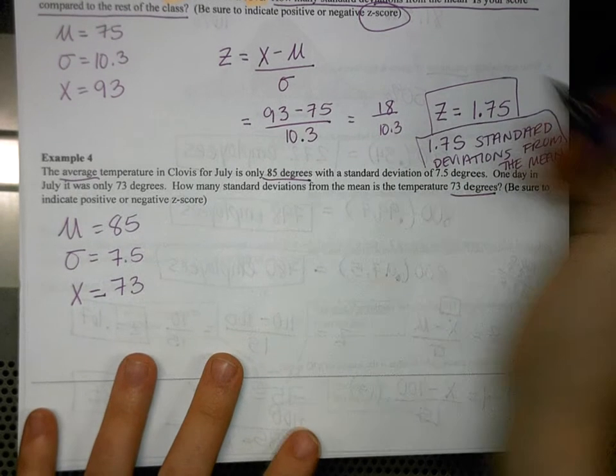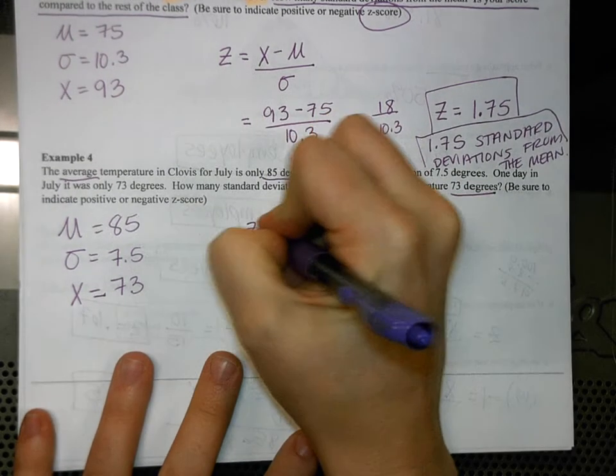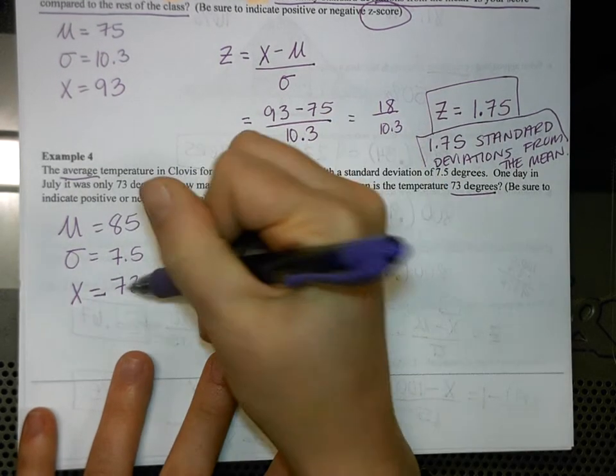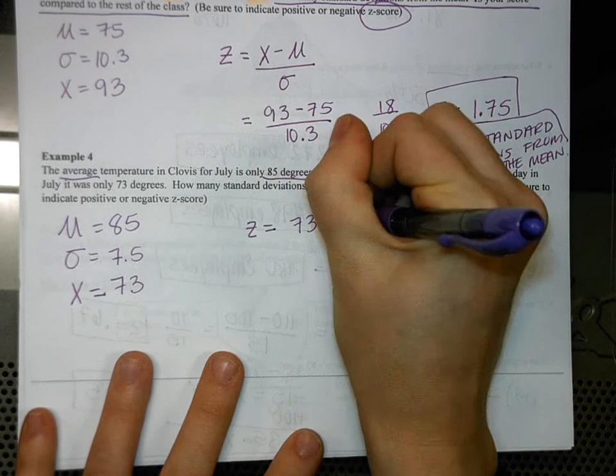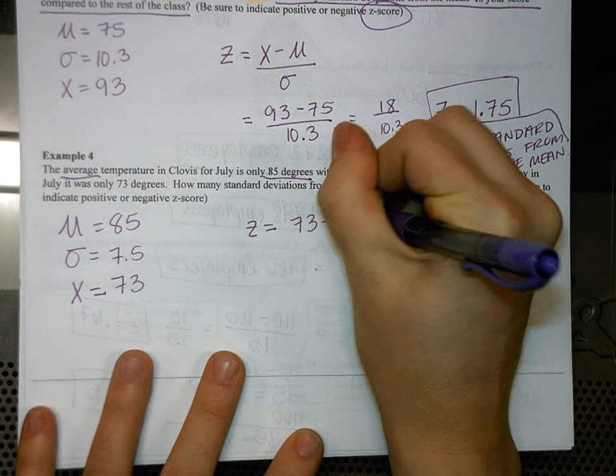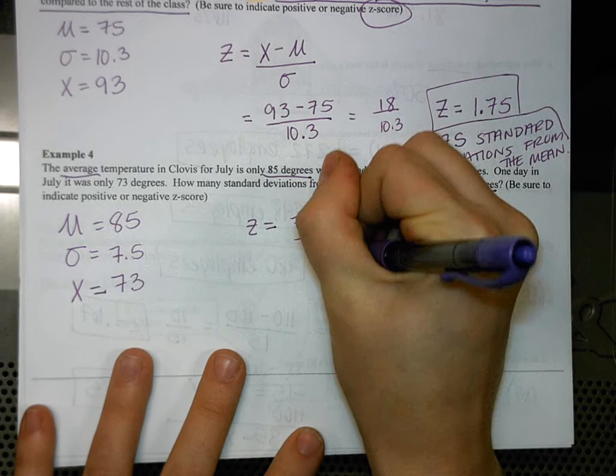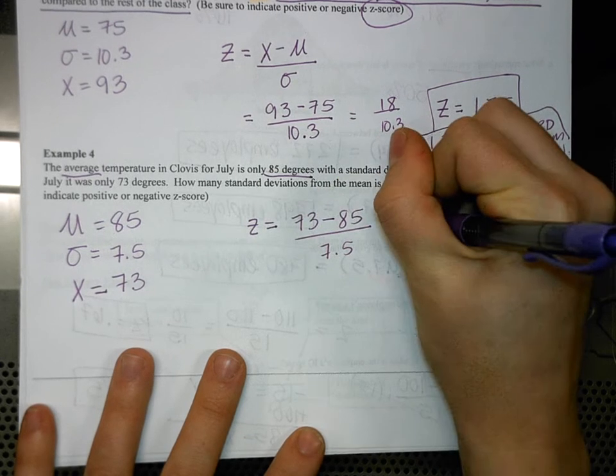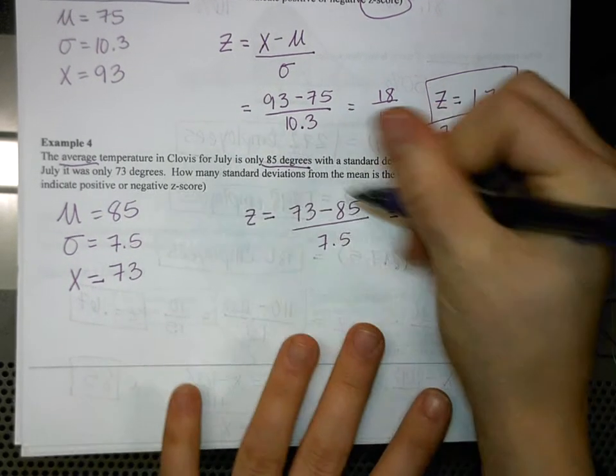So my z-score is 73 minus 85 over my standard deviation of 7.5. 73 minus 85 is a negative number.